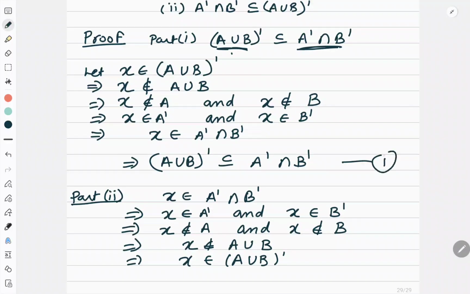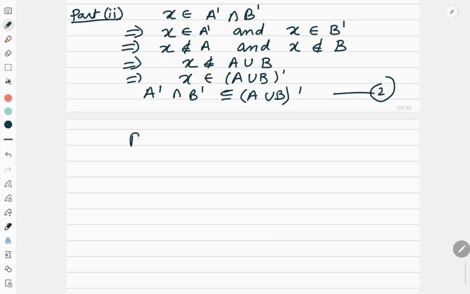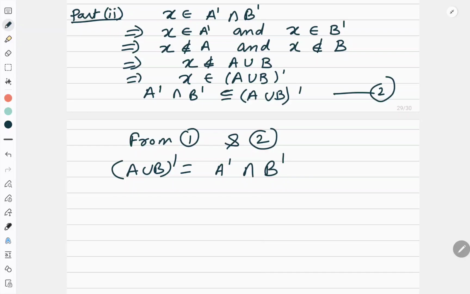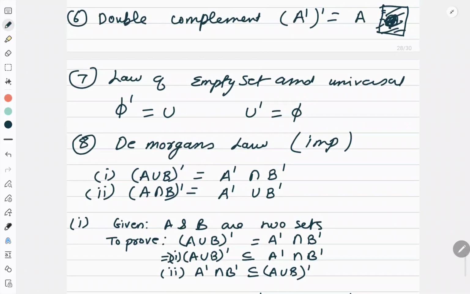If I call this 1, I got A complement intersection B complement is a subset of (A union B) complement. This is 2. So from 1 and 2, (A union B) complement is equal to A complement intersection B complement. Hence proved. So this is how you should represent it completely in the exam.